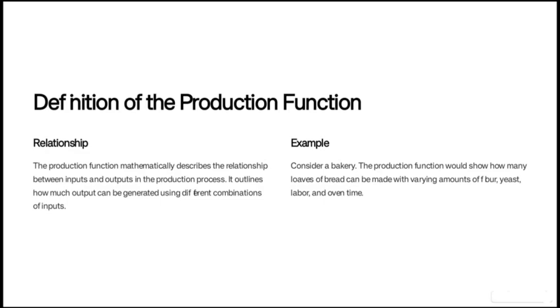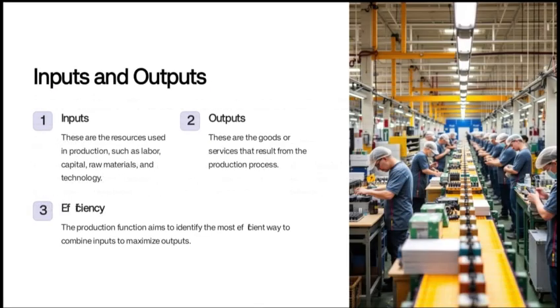Example, consider a bakery. The production function will show how many loaves of bread can be made with varying amounts of butter, yeast, labor, and oven time. Inputs and outputs.